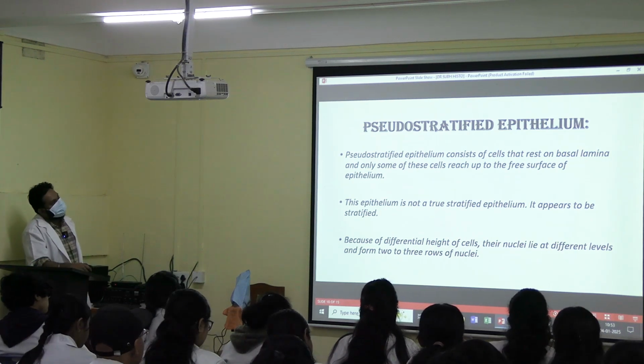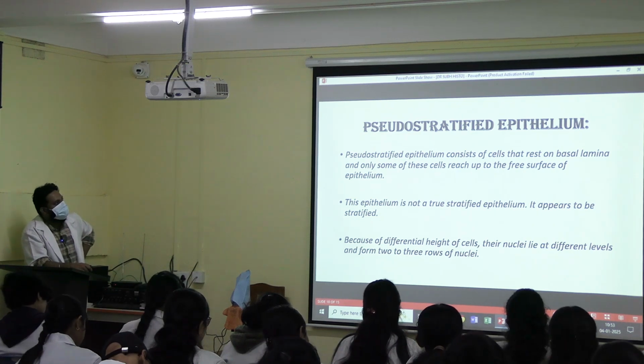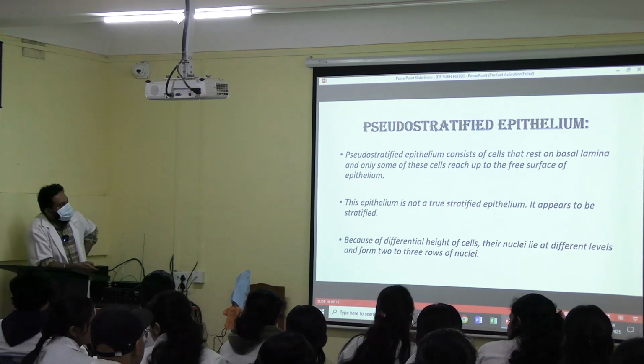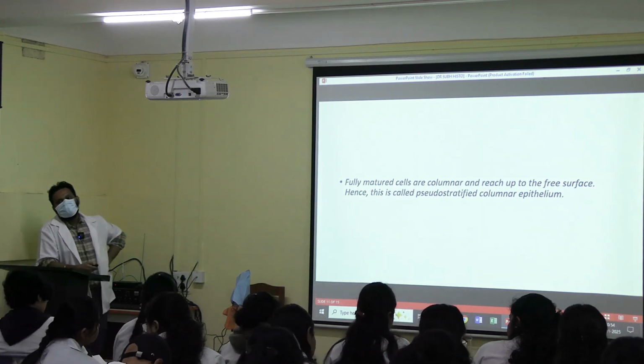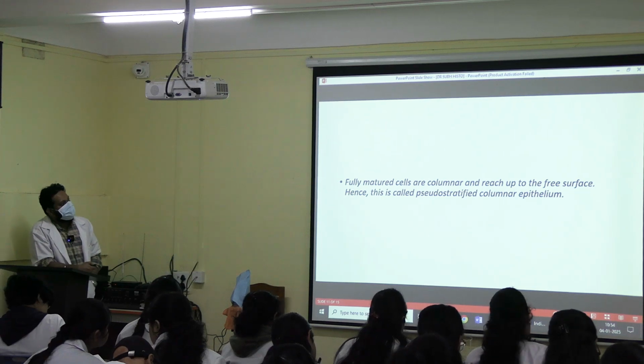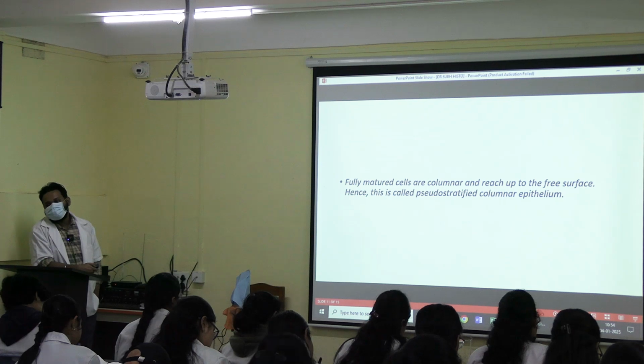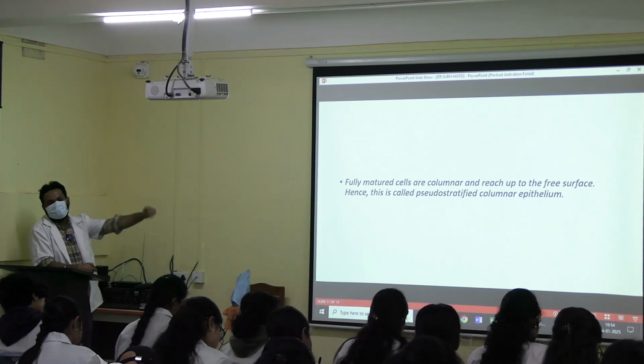Next, fully matured cells are columnar and reach up to the free surface. Hence it is called pseudostratified columnar epithelium.